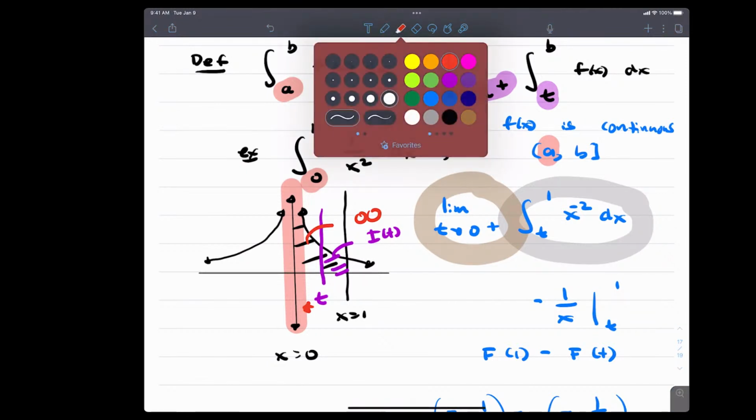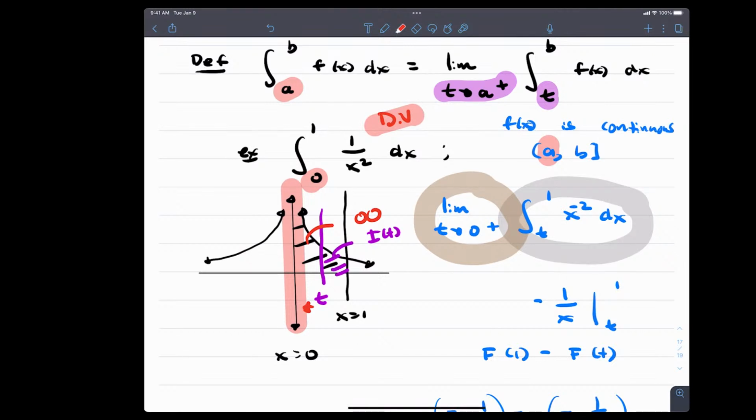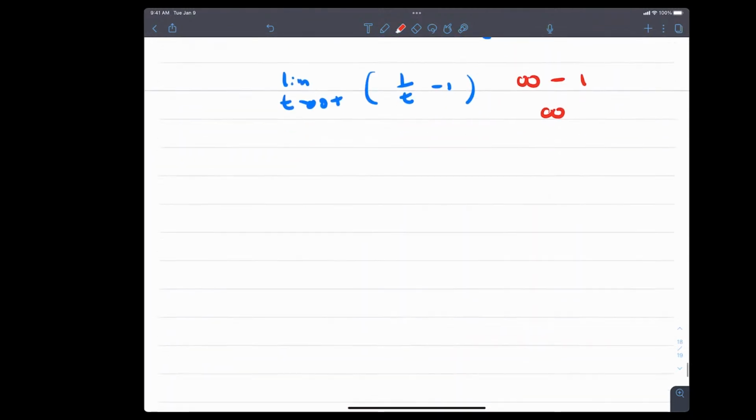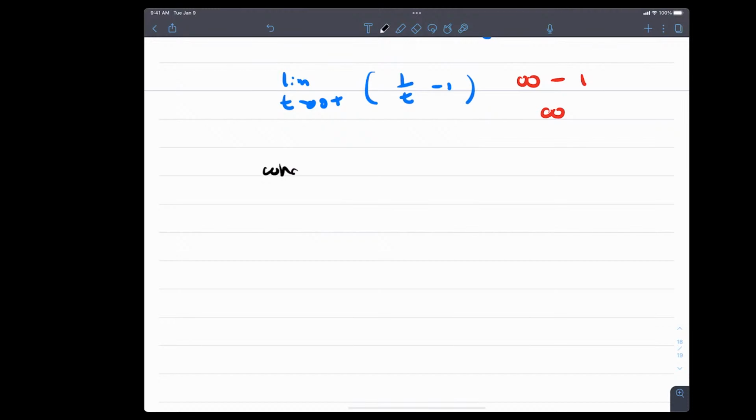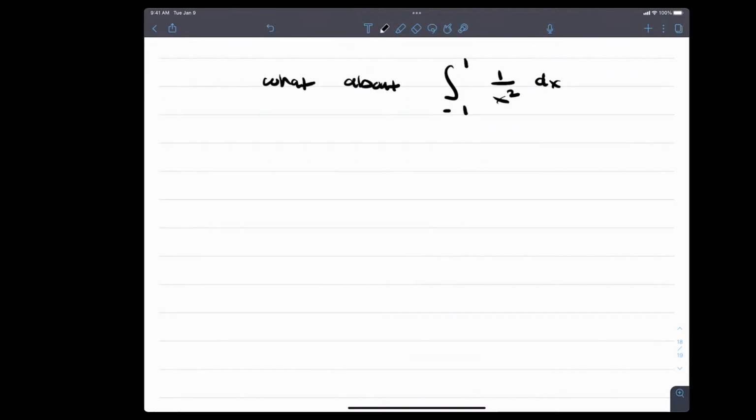And so that's really the two definitions when you have these endpoint discontinuities. However, you might say, but Mr. Judge, what about the original question? What about how I started the day? We integrated from negative 1 to 1 over x squared dx. This does not have a discontinuity at an endpoint.